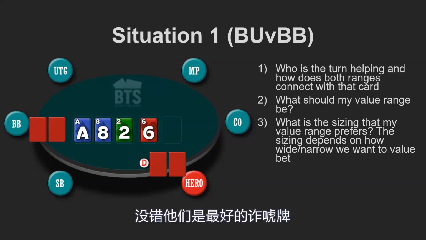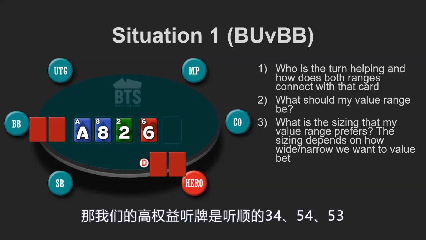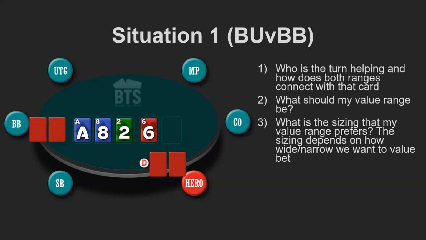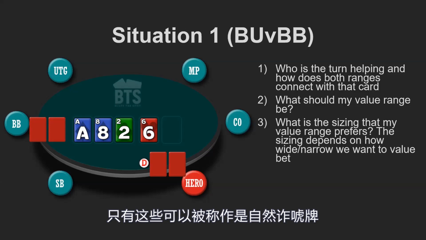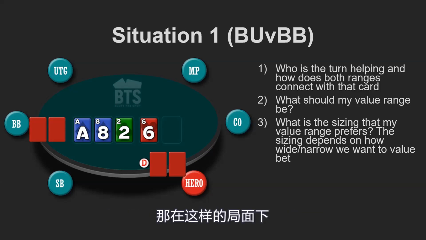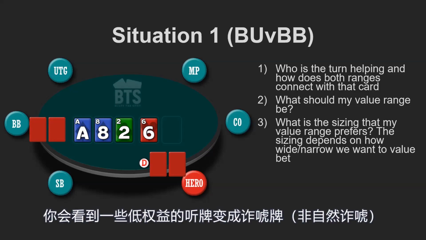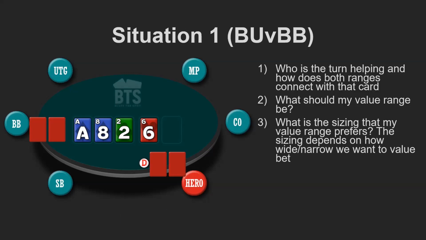The better bluffs, yes. Let's say the board is ace, 8, deuce rainbow, and the turn is a deuce. The only natural bluffs we have are 3-4, 5-4, and 5-3. In those situations, you're going to see it start using unnatural stuff, like blocker type hands, to turn into a bluff.